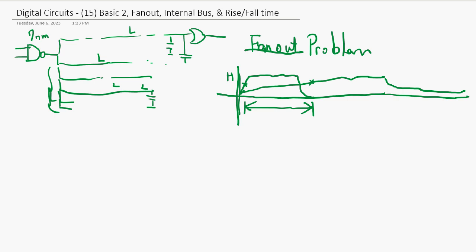Usually this gate operates at 1 nanosecond, but you may get 10 nanoseconds.